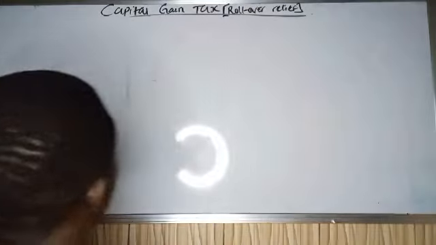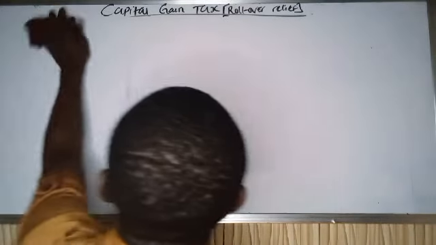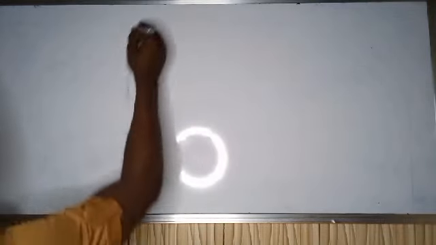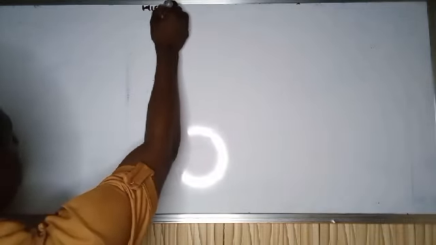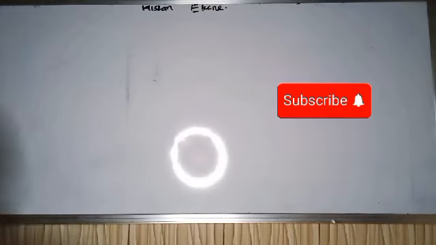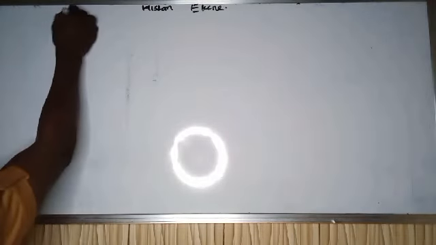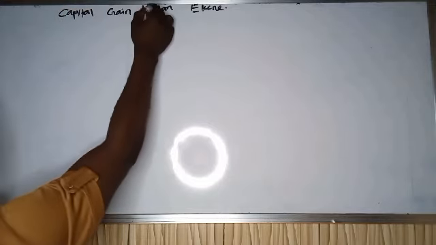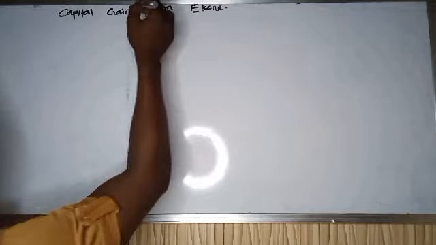So let's go. The first thing we do is to say we are preparing for Mr. Wisdom Ican. So what are we preparing? We are preparing capital gain tax for which year of assessment?